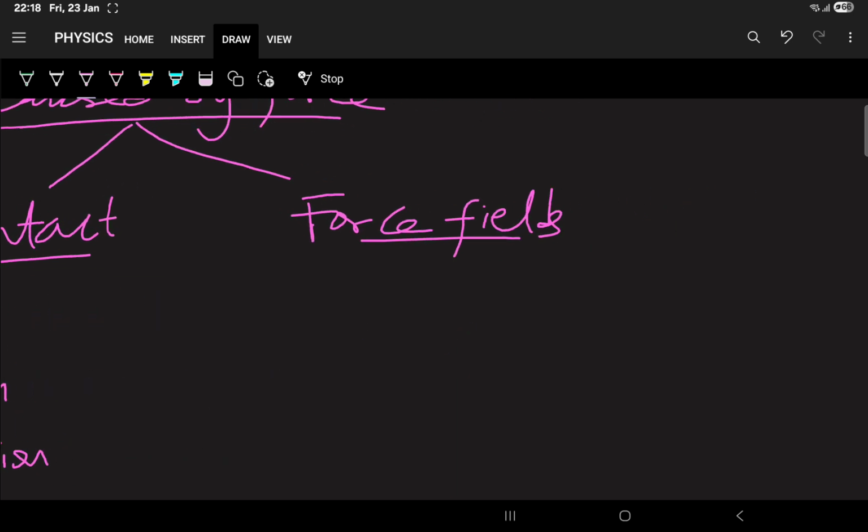Now, under force fields, there's no contact, it's a non-contact force. It also causes motion. Examples of such force fields are gravitational force and electric fields. Look at force fields as, for instance, if you've been close to fire or an oven, you don't have to come in contact with fire for you to feel the heat.